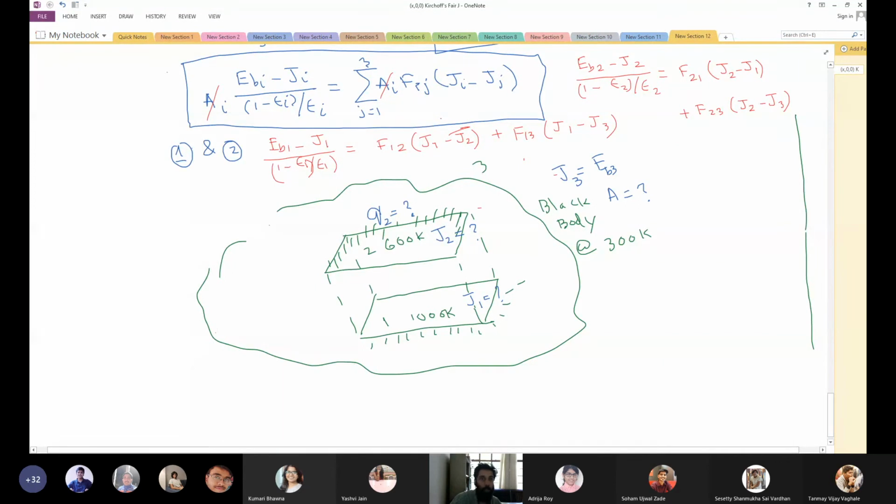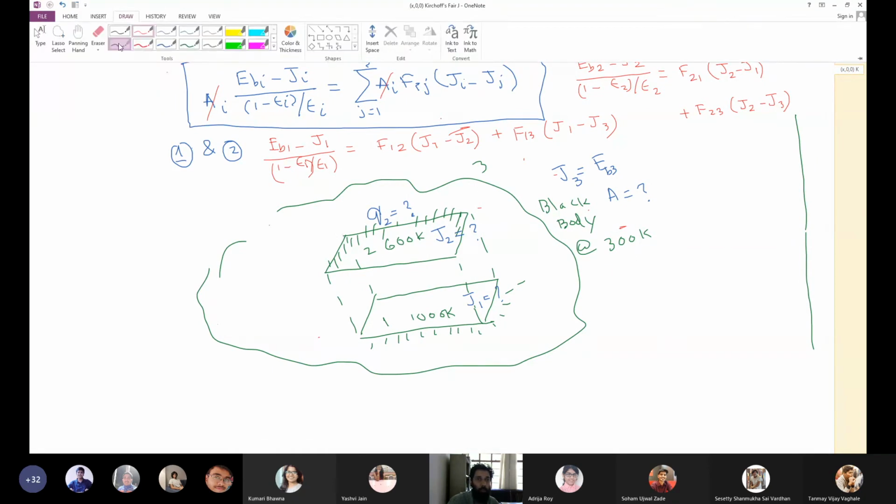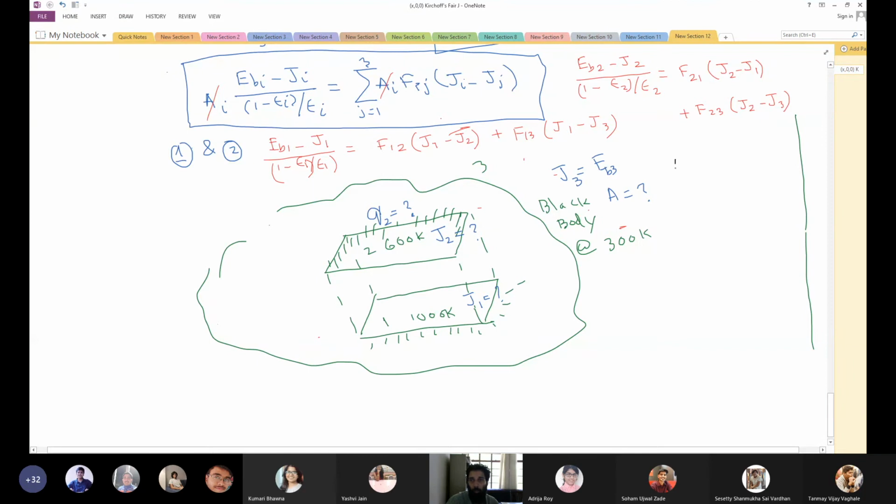And you already know how to get those view factors. The dimensions are slightly different. So, let us get the view factors. F12 equals F21 equals, so this is done.